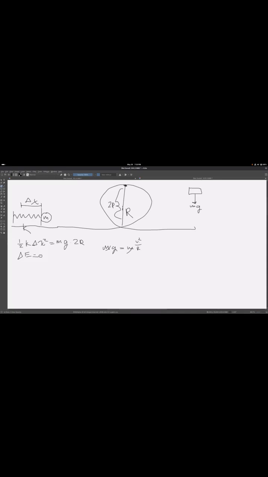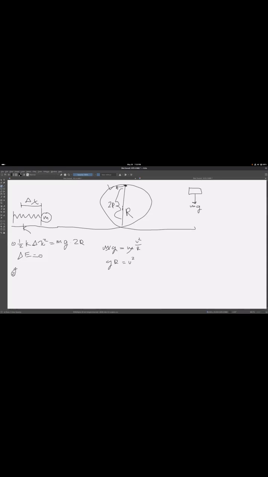We don't even need to find the minimum velocity, we just know that gr equals v squared. So if it has some velocity v up here, necessary to complete the loop, then we can find the kx from this.